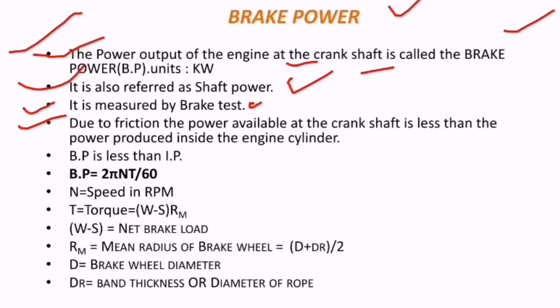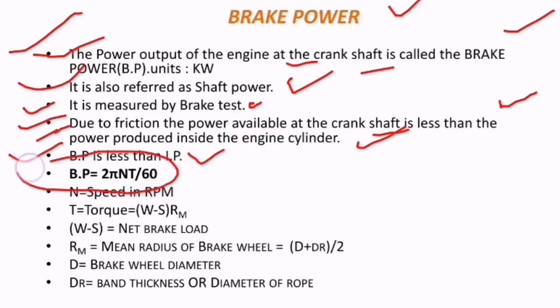Due to friction, the power available at the crankshaft is less than the power produced inside the engine cylinder. The indicated power reduces on its way to the crankshaft because of various friction losses in between. That's why brake power is less than indicated power.